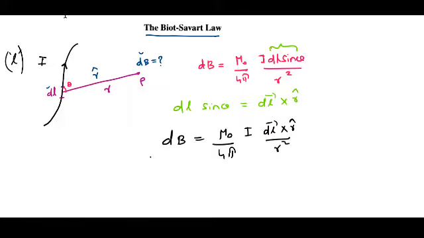Here this I is a constant one. This is a steady current. Its value is constant. Then I can write this dB as dB is equal to mu 0 I by 4 pi dl cross r cap by r square.